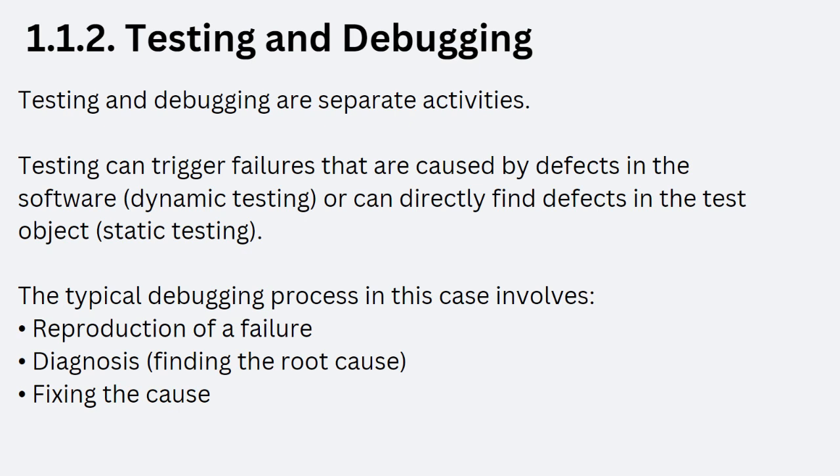In simple words, testing determines that defects exist while debugging fixes the cause of defects. So remember that. This concept might also be evaluated in the exam. Therefore, it is important to understand the difference between testing and debugging.